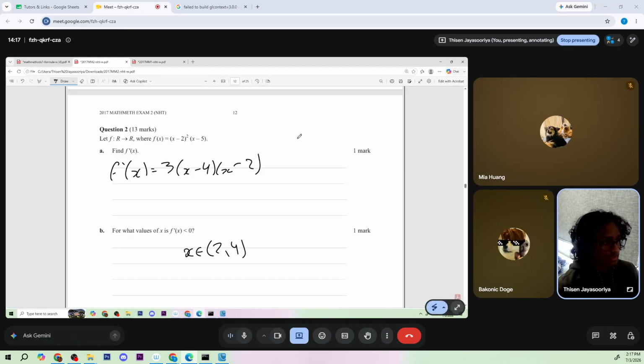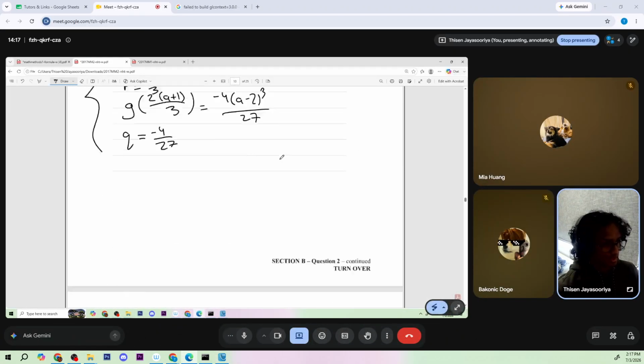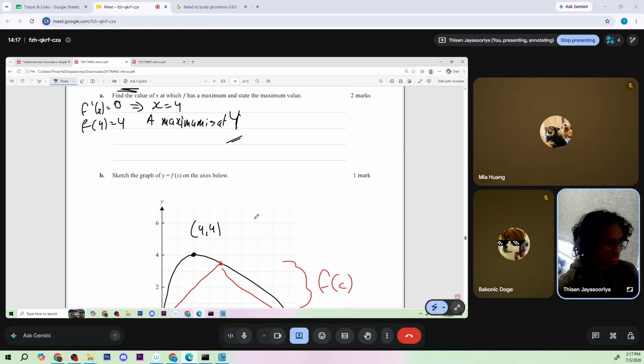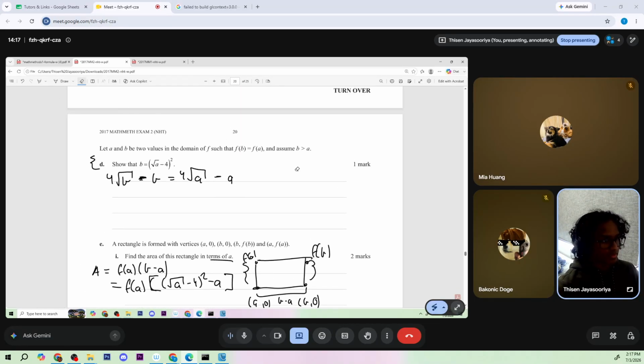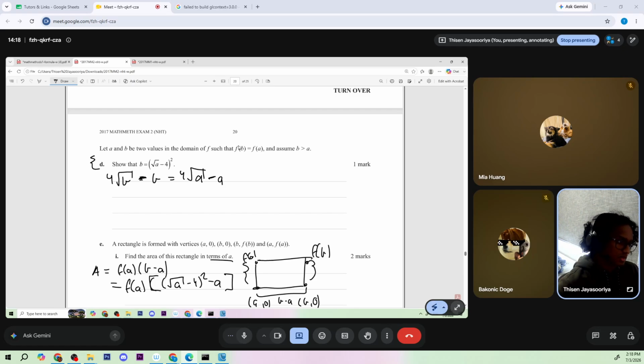Are there any questions about this extended response so far? Let me go back and see if I can do that show that before I move on. So here, how can I rearrange this for B?